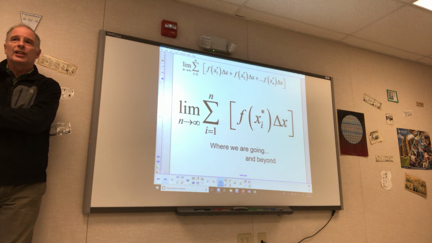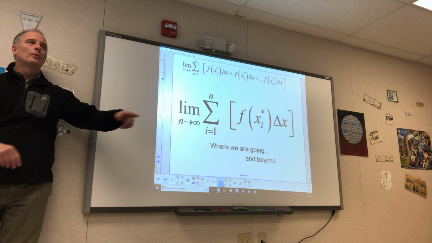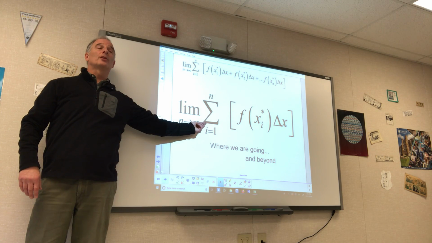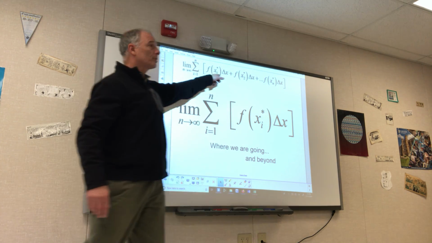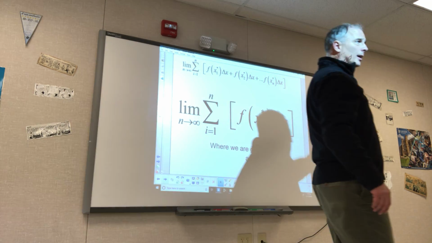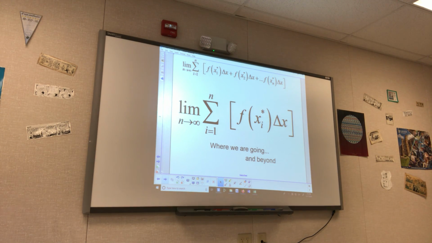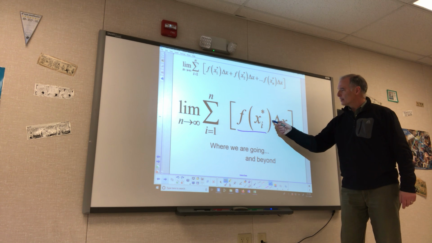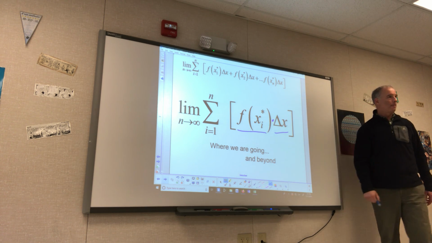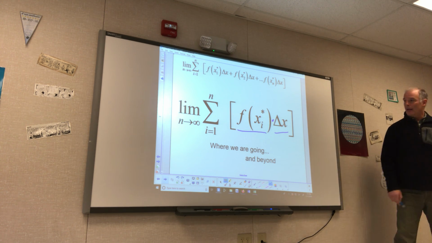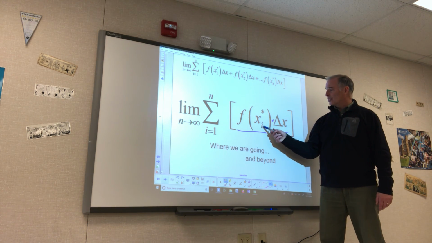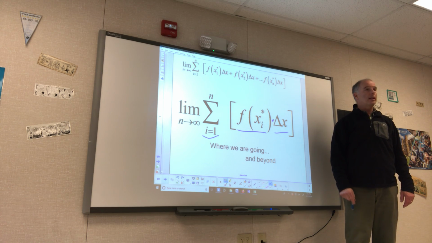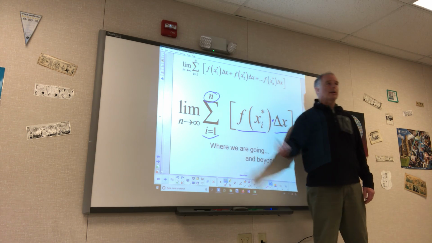Now this is the real notation I want you to understand. What's this saying to you? Summation. Sigma notation, it's a summation. That's an addition problem, right? So what I'm going to do is add up every single one of those, height times width, from the x sub i, so from the first rectangle to the nth rectangle.